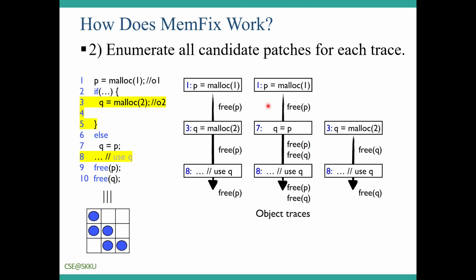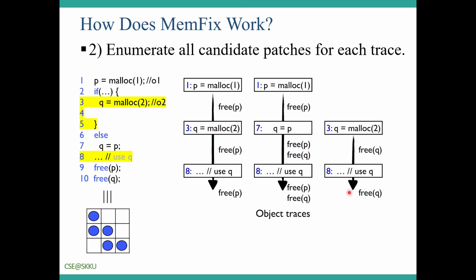And the second trace, object O1 in the first branch, is again allocated at line 1, and the candidate patches include free P after line 1, free P or free Q after line 7, and free P or free Q after line 8.